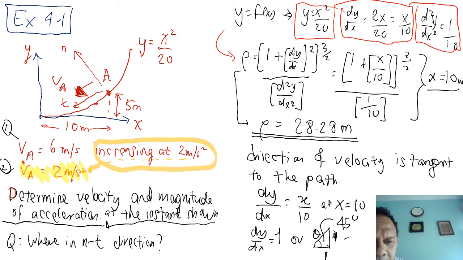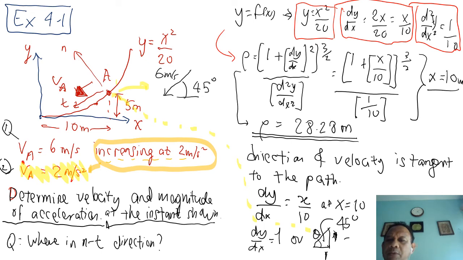Then we can link this to our data here. So the velocity is at 45 degrees. If I were to draw the direction of velocity, it is VA, 6 meters per second, and the angle there is 45 degrees. So that's the answer for number 1.